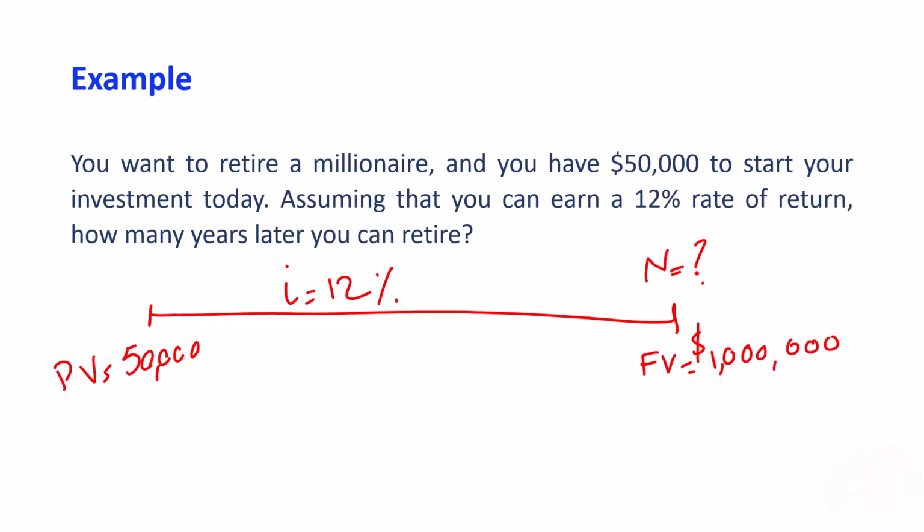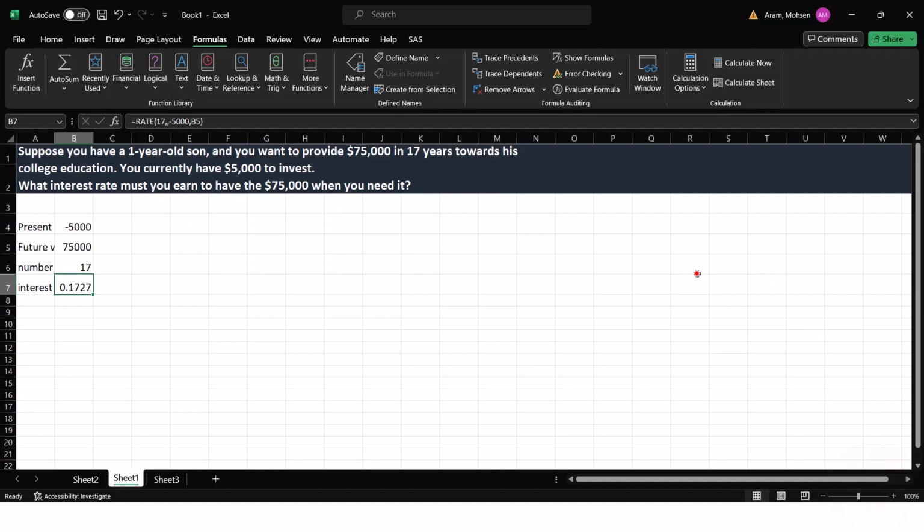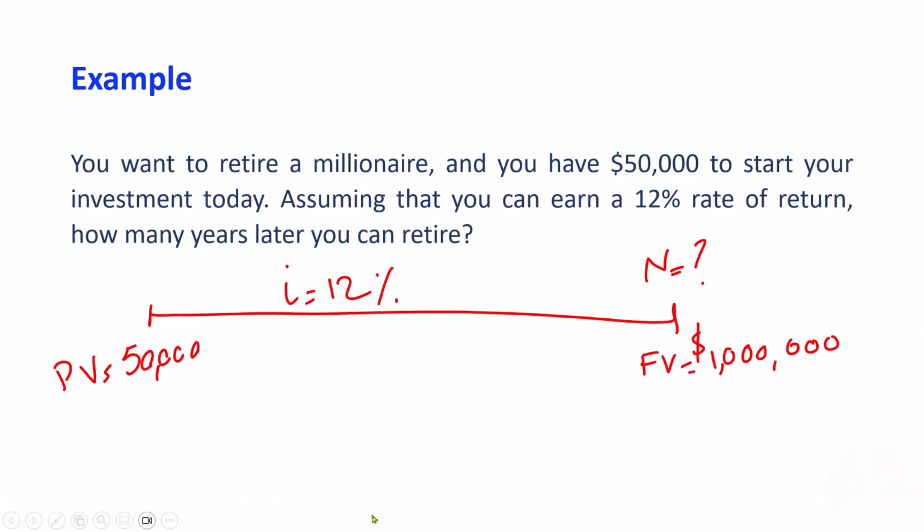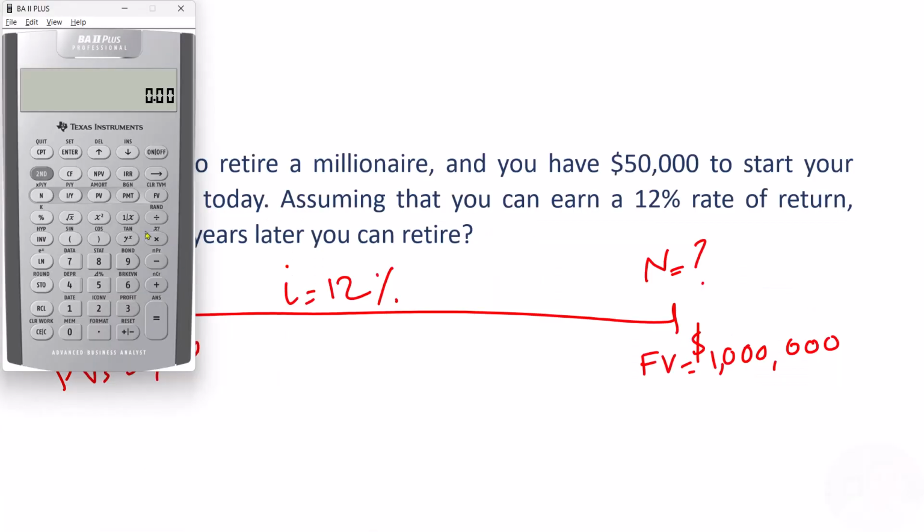So let's try this. First of all, clear the time value of money function, and then we have $50,000 to invest.